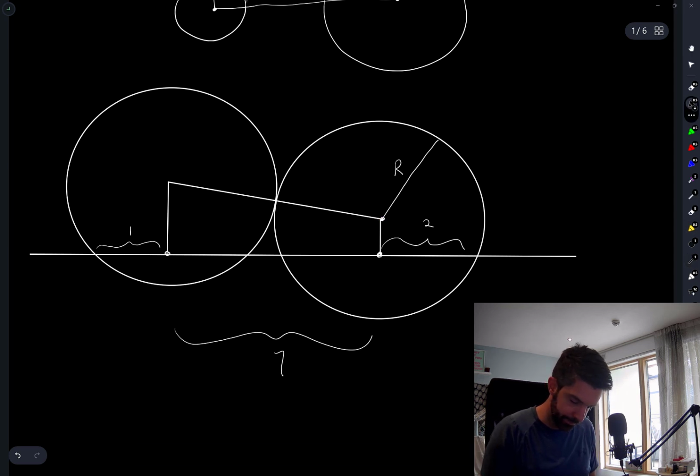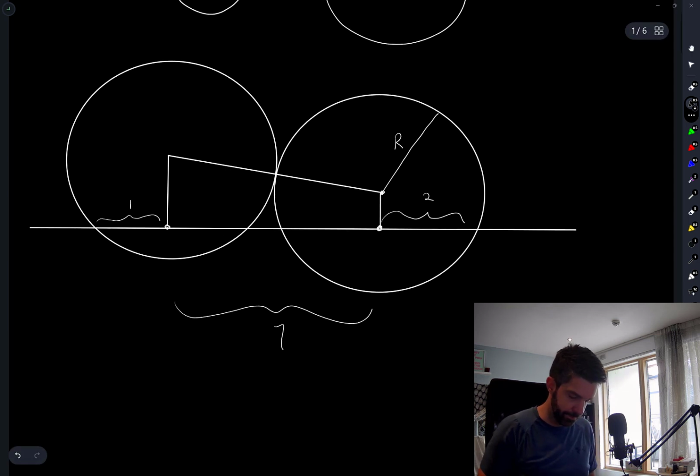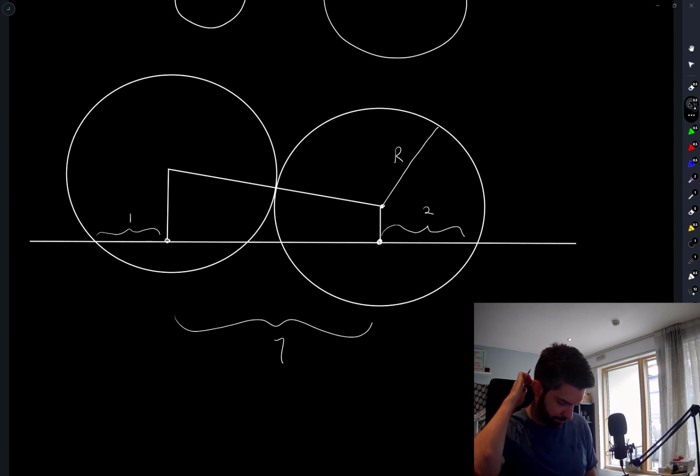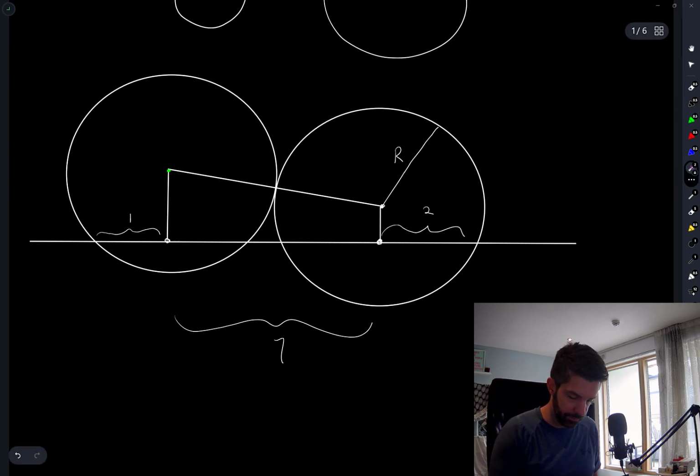Of course, the distance between the centers of the spheres is 2r. This distance is 7. That's r minus 2.